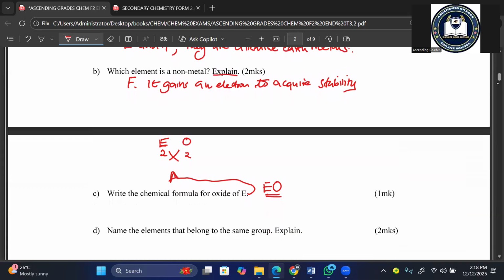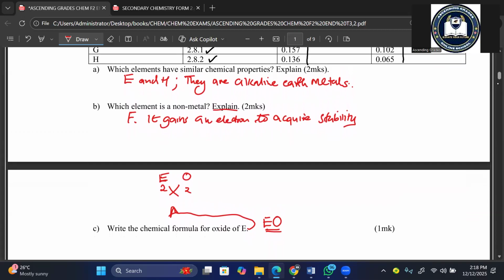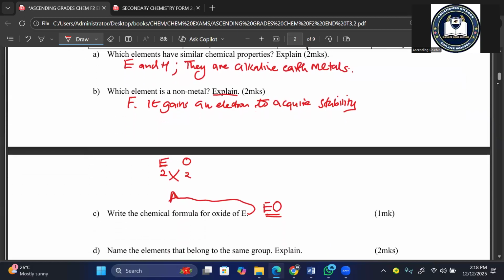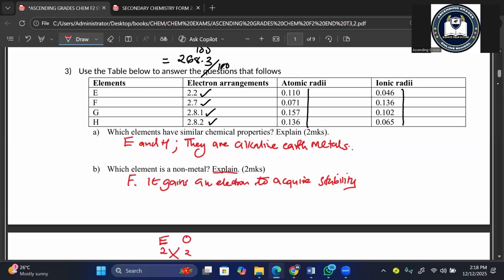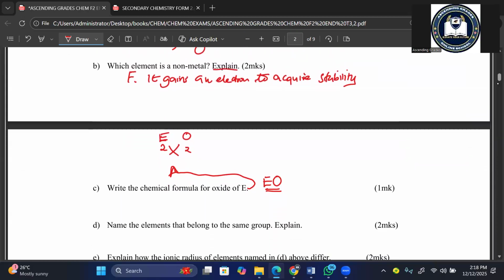Name the elements that belong to the same group and explain. To the same group. So from the look of things, which elements belong to the same group? Let me check the question again. The same group, okay. We are still going to have E and H. So they are in group 2.